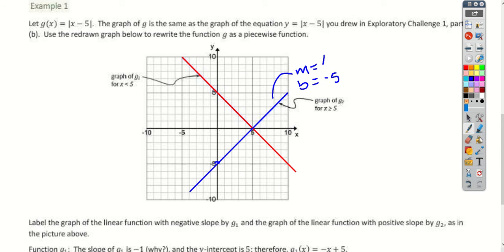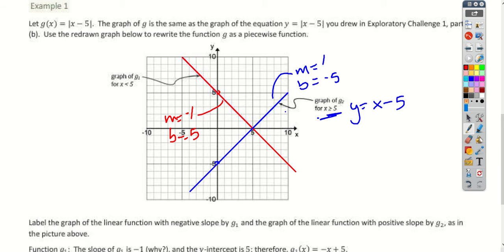So this equation of this right side for any value of x greater than or equal to 5 is y equals x minus 5. And the other graph that's located over here, the red one, is going left one, up one to get my slope. So the slope is negative 1, and the y-intercept is located up here at 5.